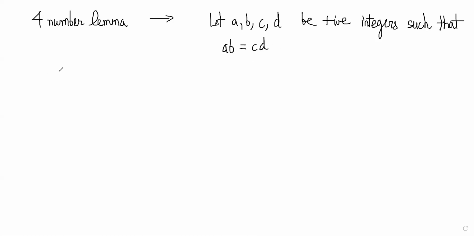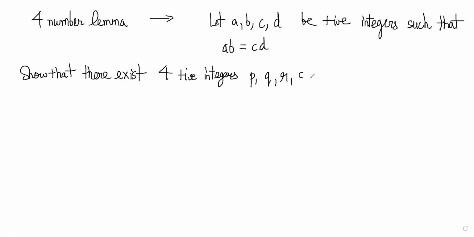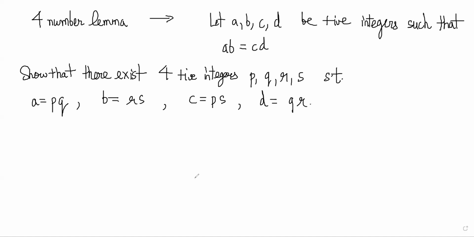We can show that there exist four positive integers P, Q, R, S such that A is equal to PQ, B is equal to RS, C is equal to PS, and D is equal to QR. Now, this can be proved very easily.